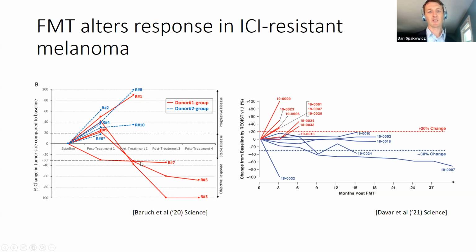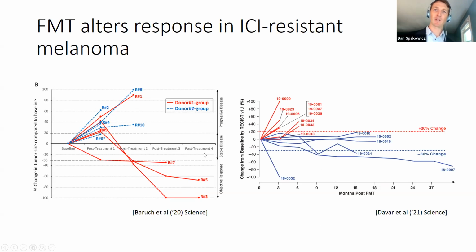And you can see that in the context of donor number 1, 3 individuals who got that same donor's stool had improved response even after having progressed on immune checkpoint inhibitors. Similarly, even though the colors have altered here in a way that's somewhat confusing, the same pattern was observed here with a couple different donors.